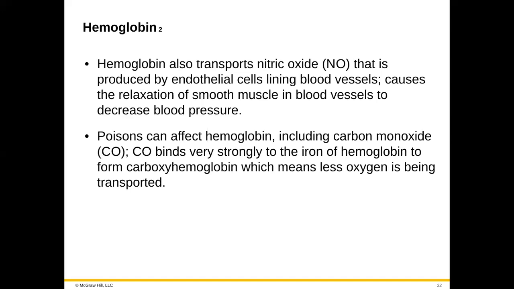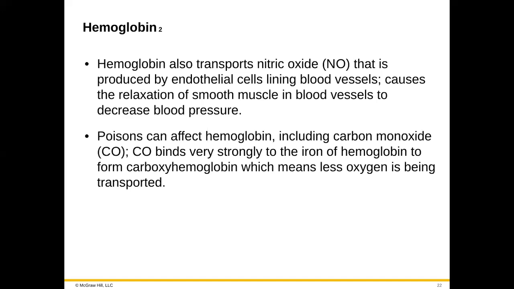Carbon monoxide is the big one if you have a carbon monoxide detector in your house. This is also why they tell you don't stand by your exhaust when you're at the gas station. Carbon monoxide is going to bind very strongly to the iron in the hemoglobin, and this can form carboxyhemoglobin. What this does is that this limits the amount of open space for oxygen to bind because carbon monoxide has a higher affinity for the iron than oxygen does.